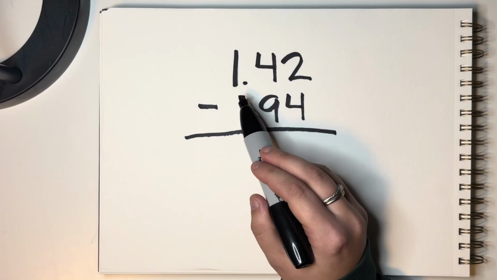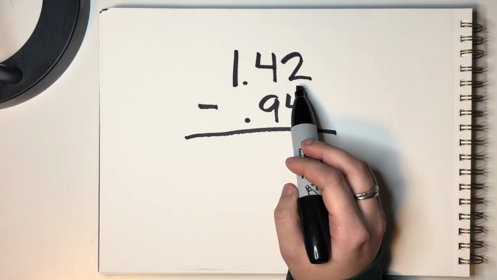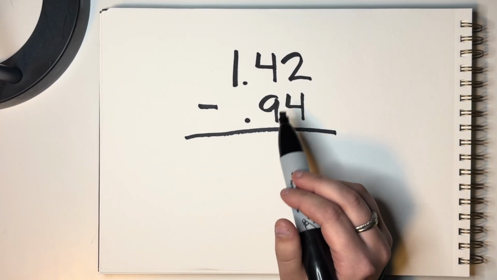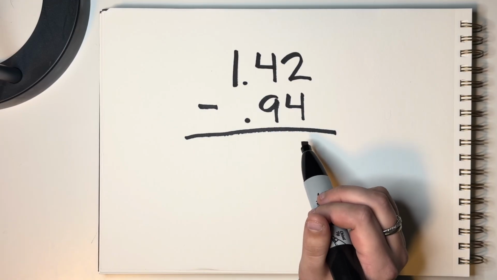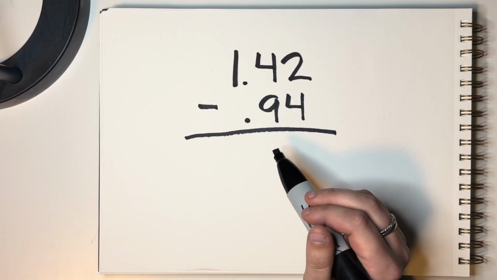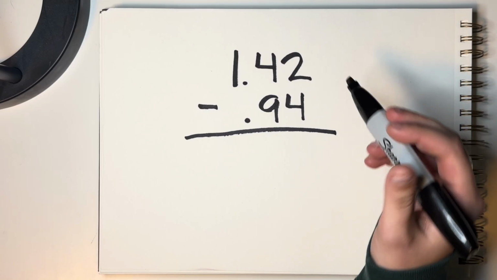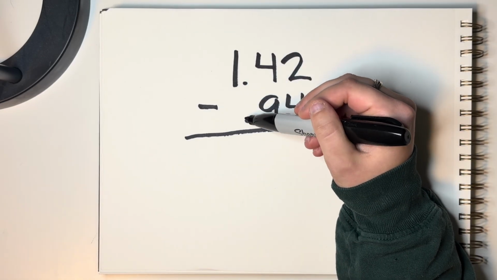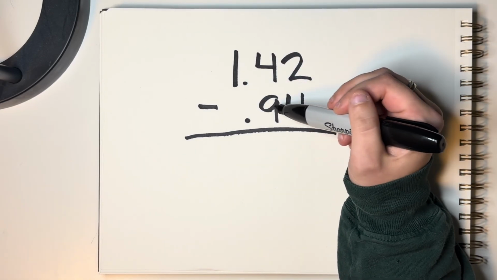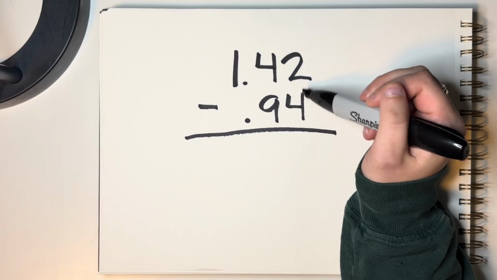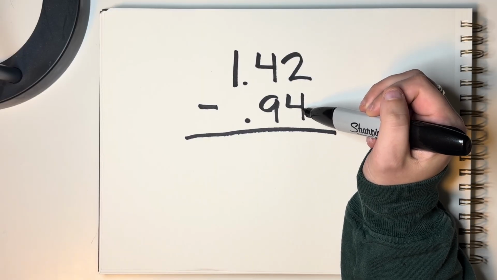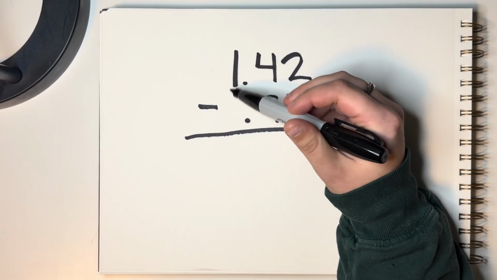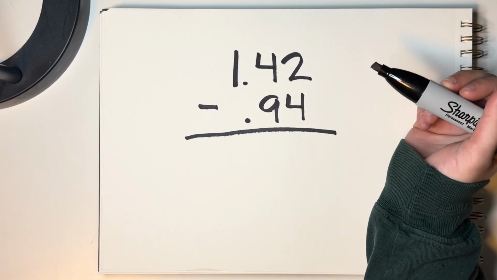So this is 1 and 42 hundredths, and being subtracted from this value is 94 hundredths. Now, the first thing that you always want to make sure your student is doing is making sure that their decimals are lined up. That way their place values are lined up. If you have a student who is trying to subtract 9/10 from 1 whole, you're not going to get the right answer.